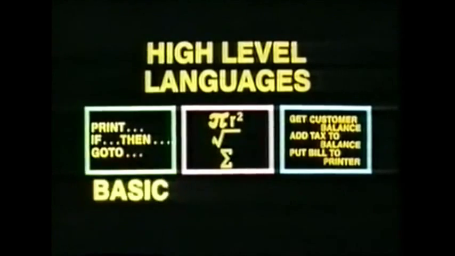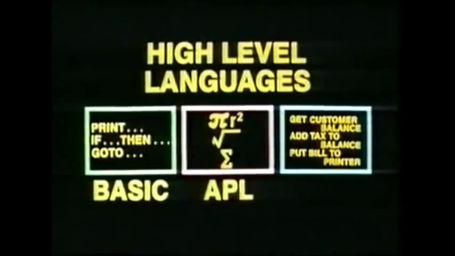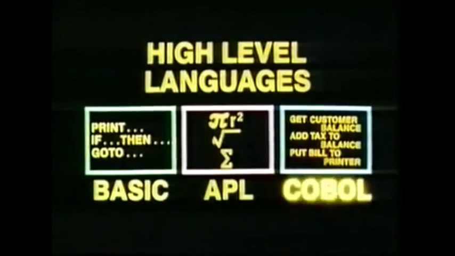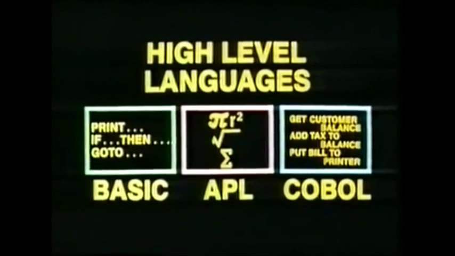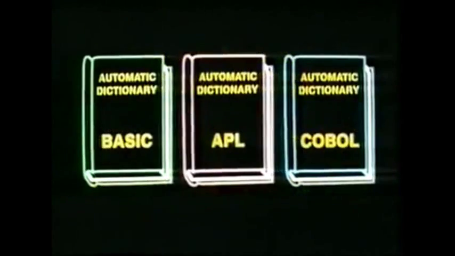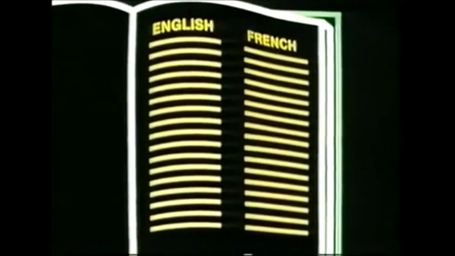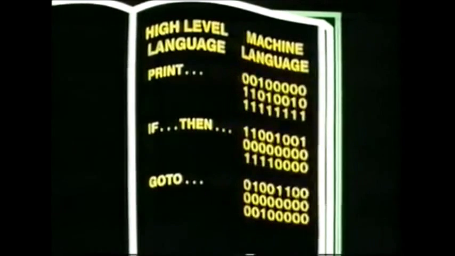For example, BASIC for generalists, APL for mathematicians, and COBOL for businessmen. And then they prepared automatic dictionaries, which, just like English-French dictionaries, contained a list of all the vocabulary of the particular high-level language in one column with its machine language equivalent in a second column.